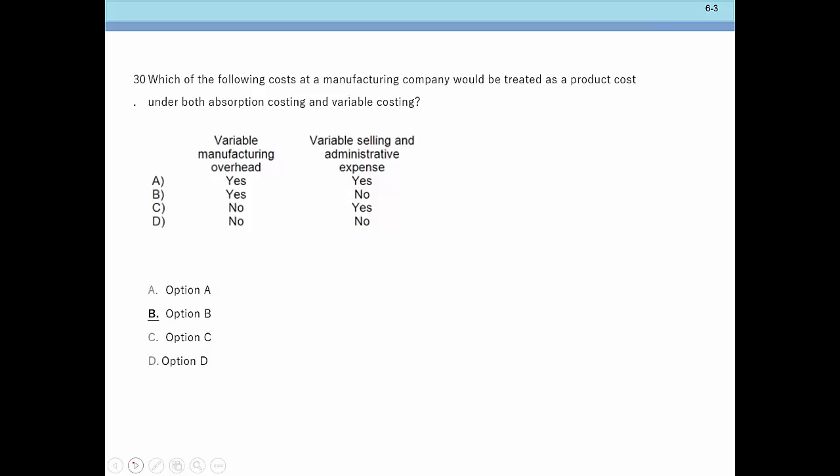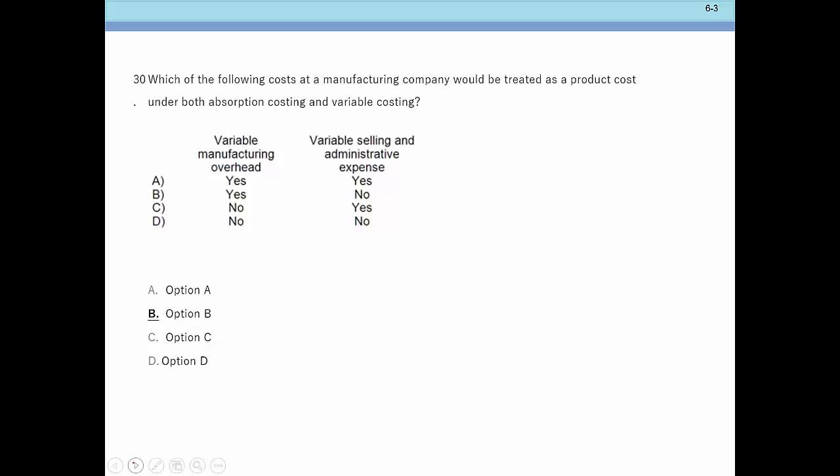And so let's just go ahead and take a look at a couple definitional type questions. Everybody's favorite is the definitional ones, right? Okay, so let's go ahead and take a look at these. Which of the following costs at a manufacturing company would be treated as a product cost under both absorption and variable?